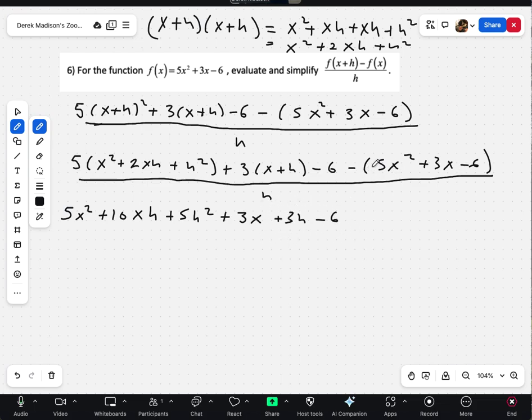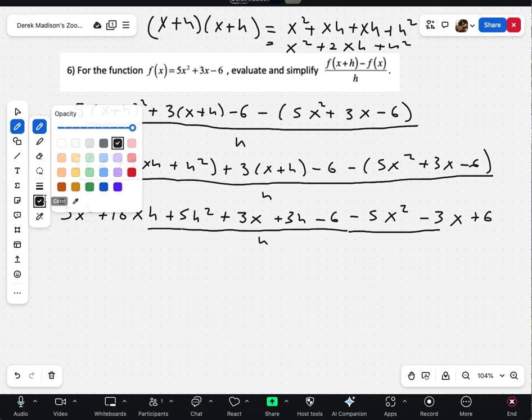And then we'll be careful to get that negative distributed, or you can think of it as a minus 1 that you're multiplying through. So that's going to be minus 5x squared minus 3x, and minus minus is going to make a plus 6. I'm just going to do a short little line in here. I feel like I'm going to end up getting off and crossing out half my equation otherwise.